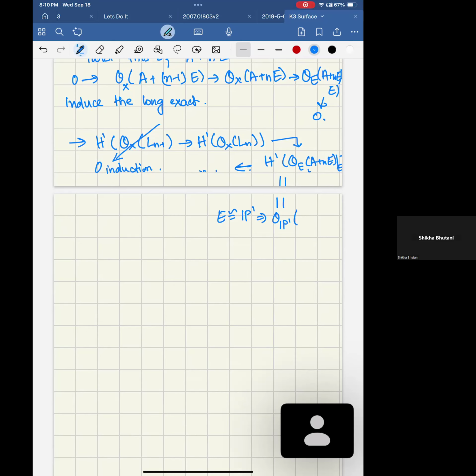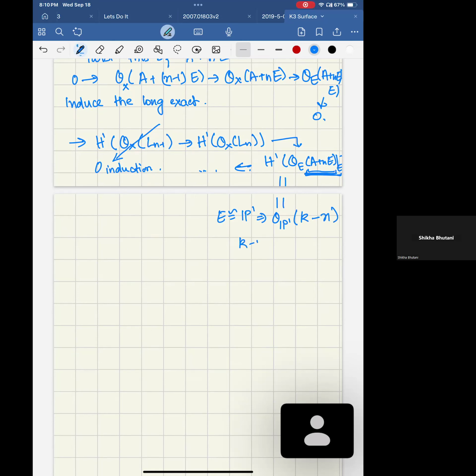And then on P1, we know that any divisor can be written as O of some number over here, and that number is nothing but the degree of this divisor over here. So it's going to be the intersection of this thing with E, right? So A intersected with E is going to be K here, and then there is going to be minus n in here.